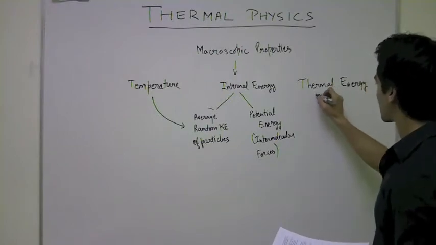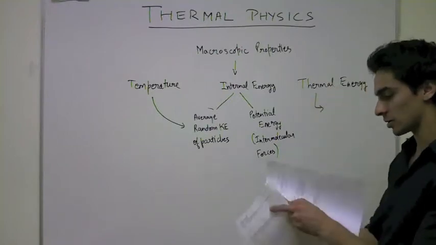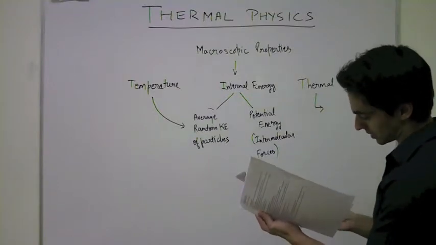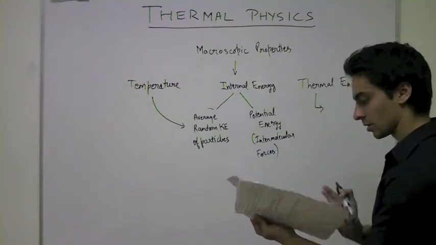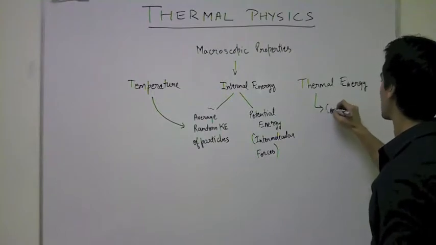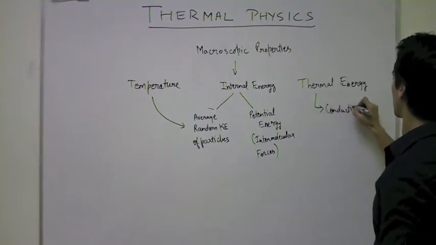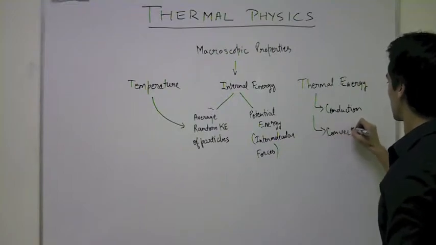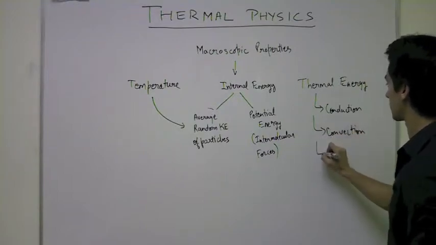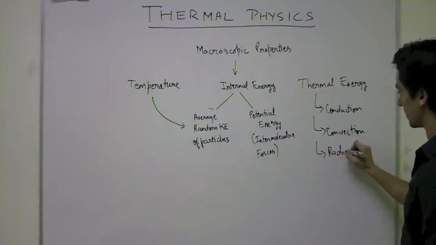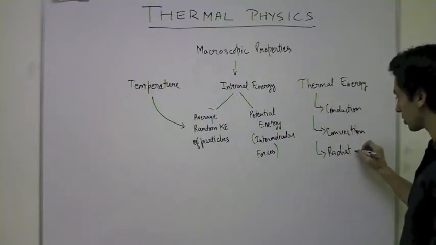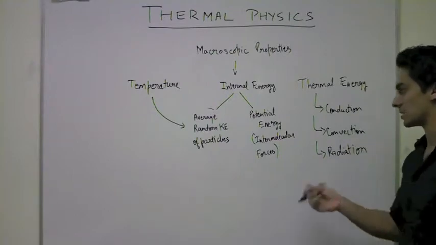The various methods, which I believe you'll discuss in this section itself, are conduction, convection, and radiation. These are methods of transfer of thermal energy which the students should be familiar with from IGCSE.